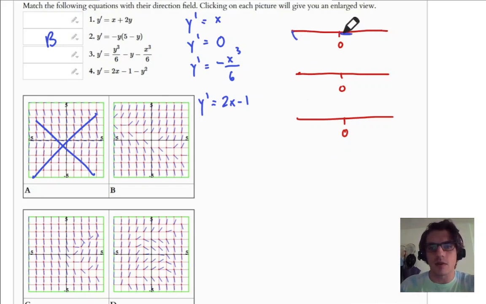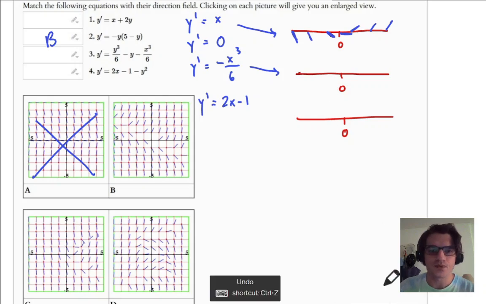At 0, it's going to be flat. At 5, it's going to be up. So it's going to be kind of transitioning like that, and more up, down, very down. Something like that. That would be 1.